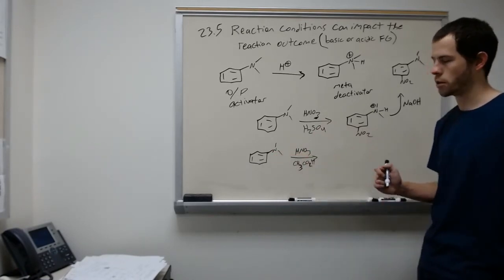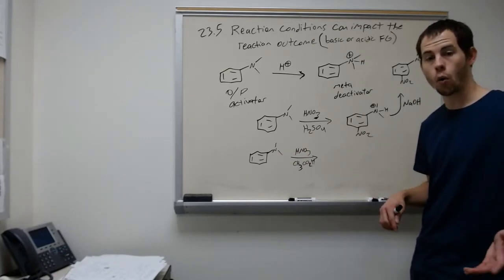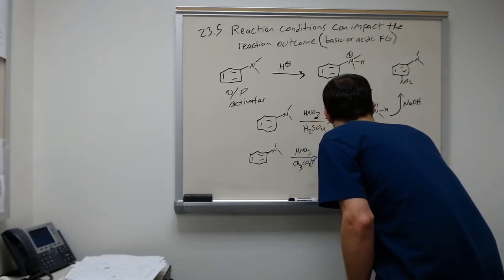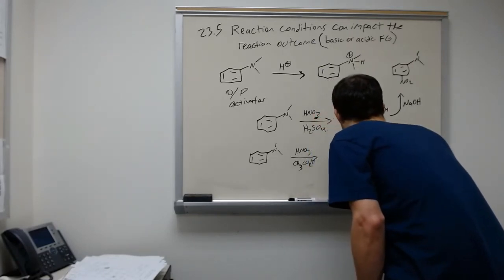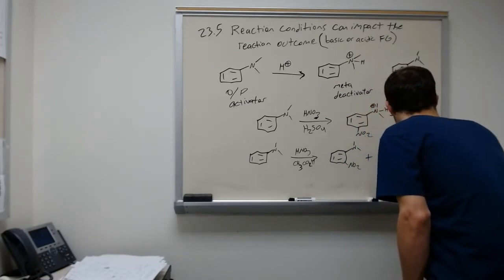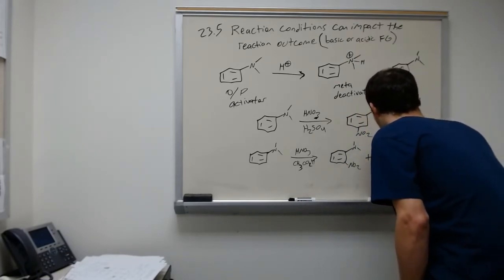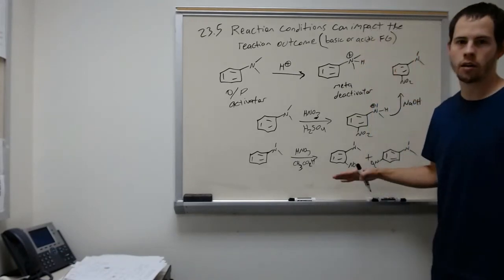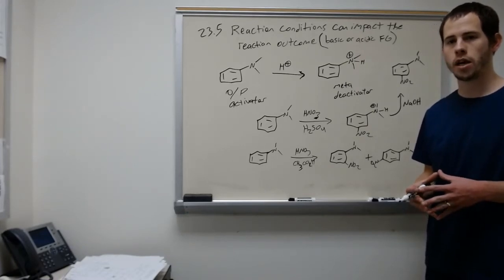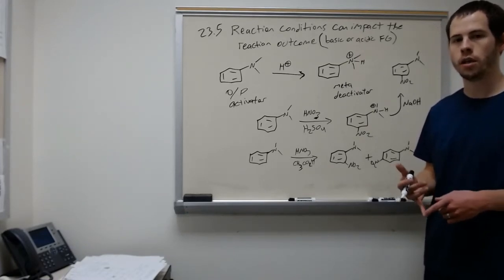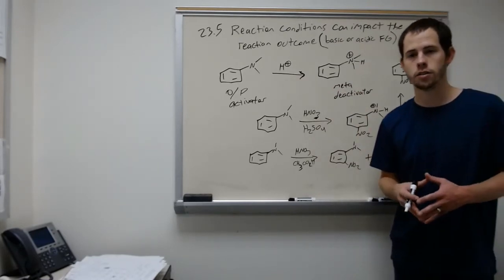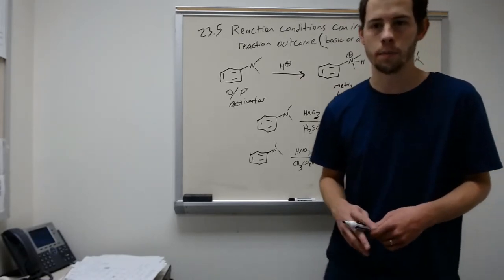And so this ends up going to the ortho or para positions. And so now we have this. So remember that phenols are weakly acidic, and so the reaction conditions can affect the outcome. And anilines are slightly basic, and so again, the reaction conditions can affect the outcome.